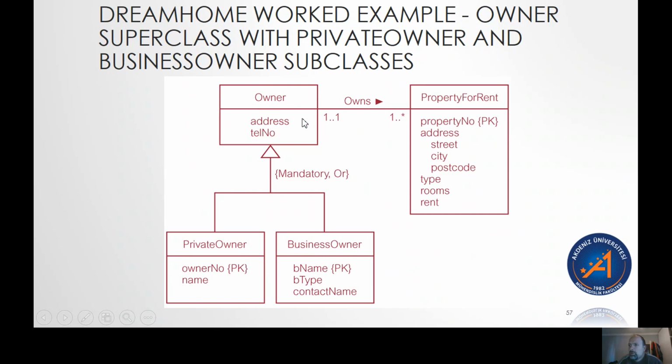Here we had the owner must be either a private residence owner or a business place owner, right? And so if they are one, they cannot be the other. So they're mandatory, must be one or the other, can only be one or the other.